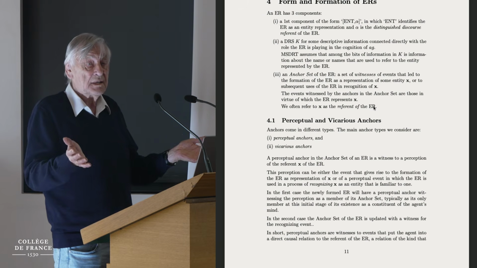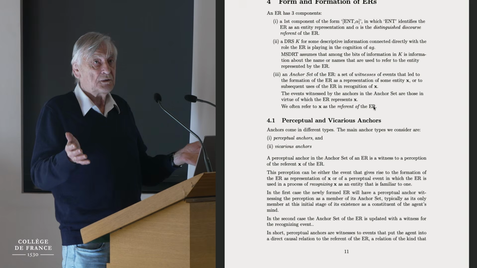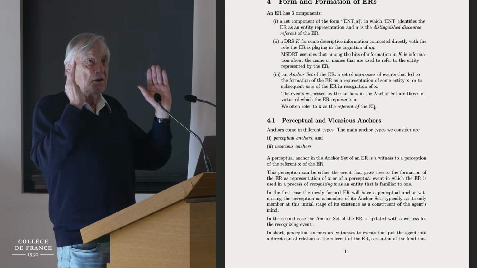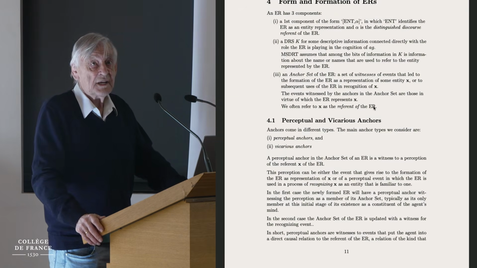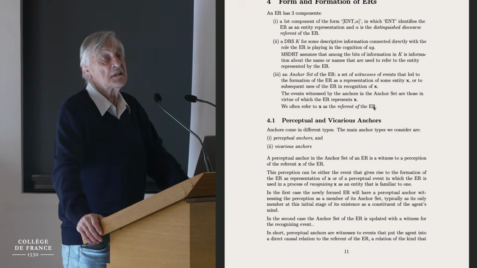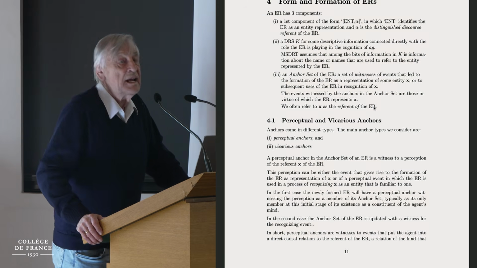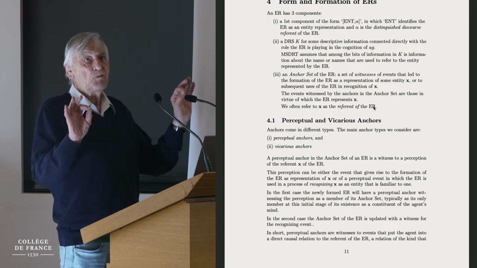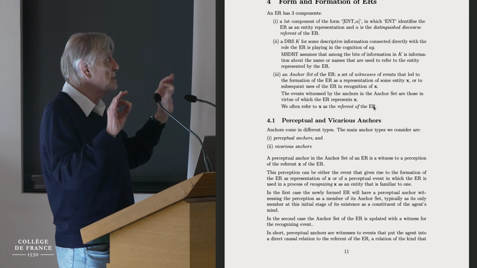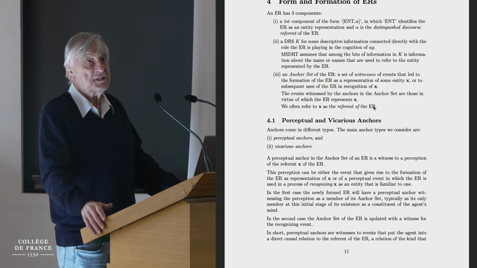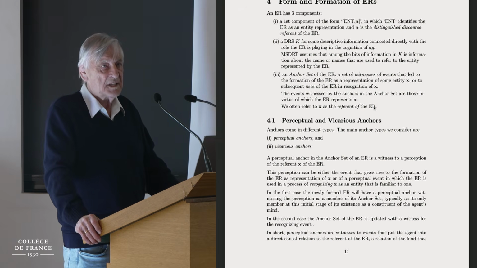So perceptual anchors are often, but not always, members of the anchor sets of ERs. But in addition, and those are going to be even more important for the rest of what I will be able to say, there are the so-called vicarious anchors.